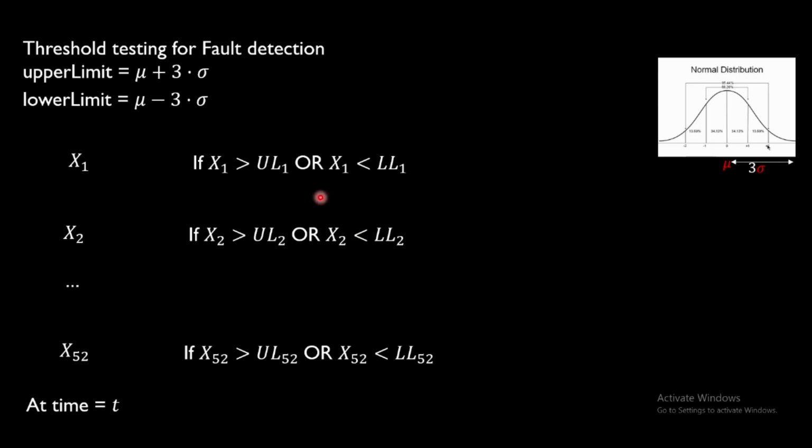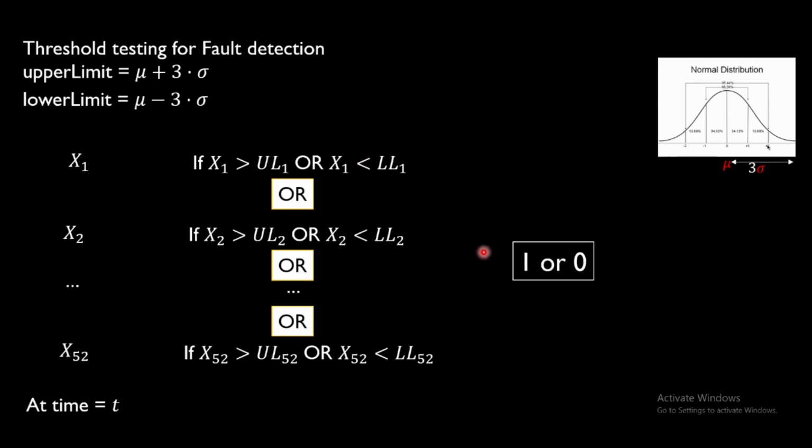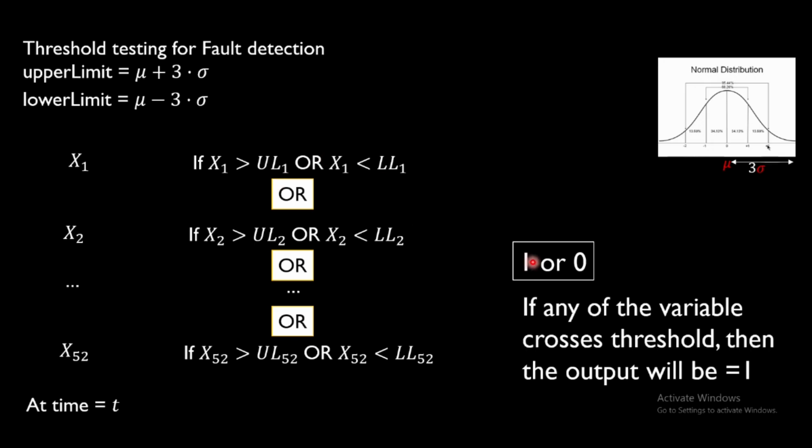Now this will give 1 or 0, 1 or 0, 1 or 0. We can combine all of this by using an OR condition. That means if any one of the variables has passed the threshold, it indicates that there is a fault. So by using this simple method, we can combine all the decisions into a single one. This entire part will output 1 or 0.